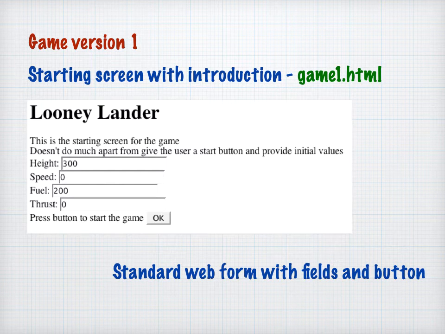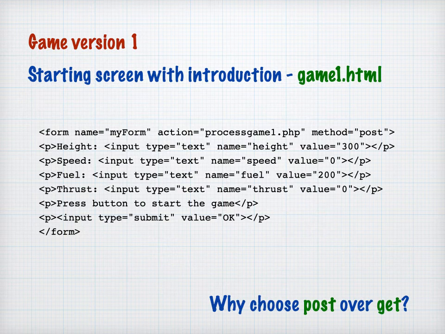Here's our initial form. Now you can see we've got 4 input fields: height, speed, fuel and thrust, and a button. So that's going to be a standard web form. It's going to look like this. You can see I've got a height, speed, fuel and thrust input type equals text, and then there are some values associated with those input boxes: 300, 0, 200, 0, and we've got a button.